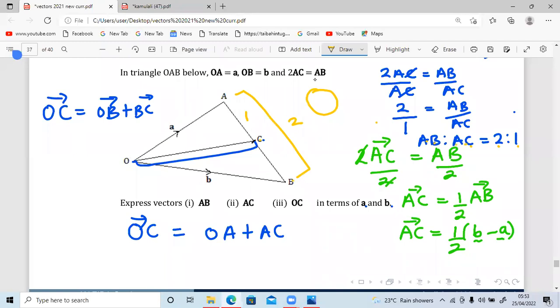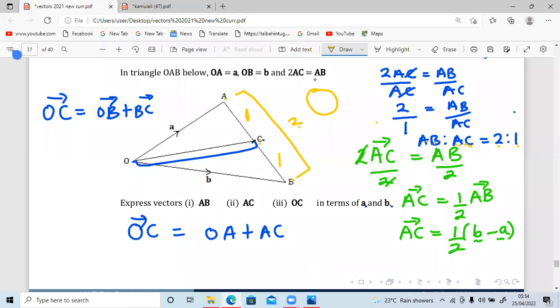Listen. A to C, we have this 1 part. I've put it there. But the whole line from A to B has 2 parts. So how many parts are remaining from C to B? It is 1.